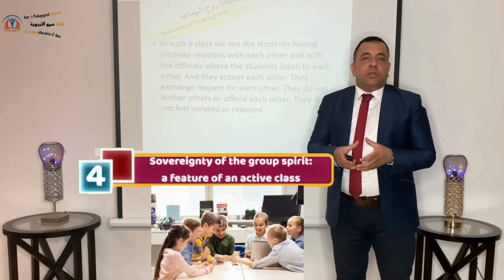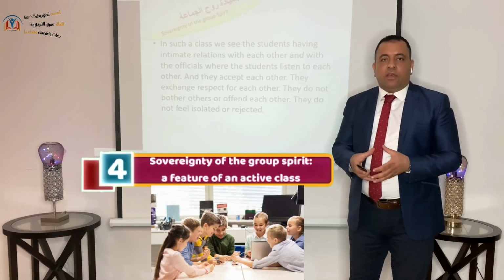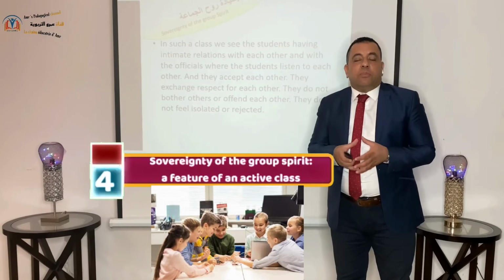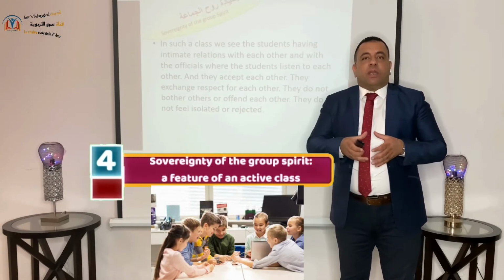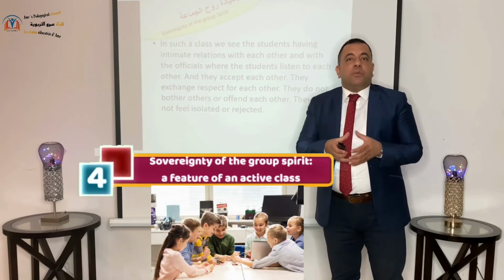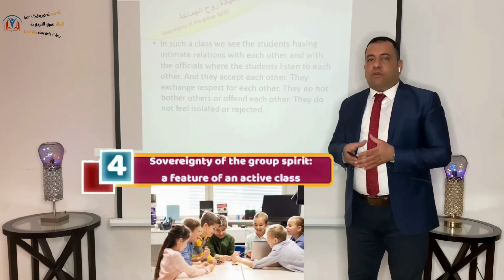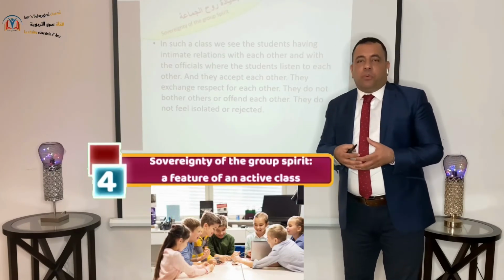They don't ignore each other. They give lots of care to each other. No one is isolated in the peer work, in the peer assessment, in activities, or in the group work. So we can find a very high level of harmony within the team in the group work.